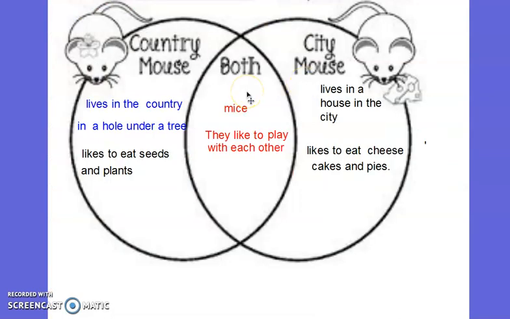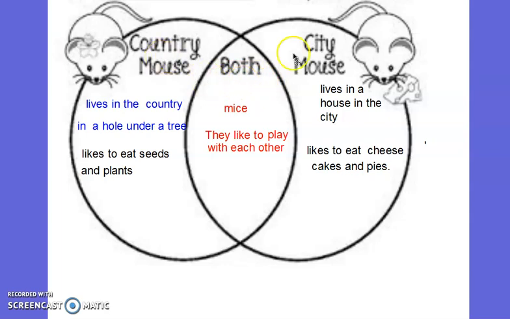Now, let's remember, our reading lesson was about the country mouse and the city mouse. Let's see, how are they similar? The word both in this diagram means that they are alike or the same.